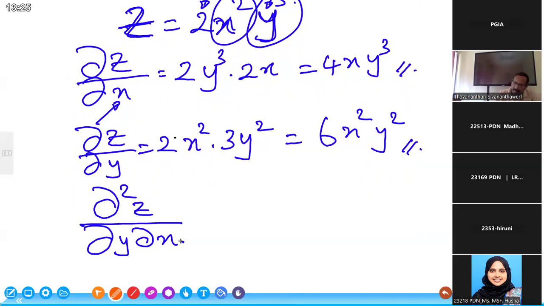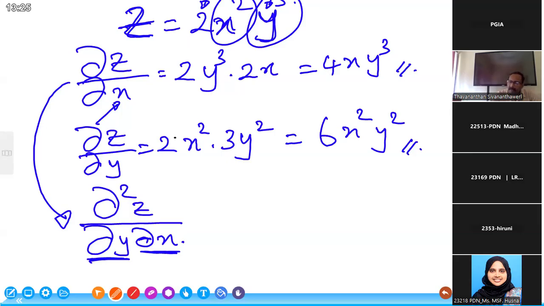That means the function which has already been differentiated with respect to x is now going to be differentiated with respect to y. The component which has already been differentiated with respect to x will now be differentiated with respect to y.